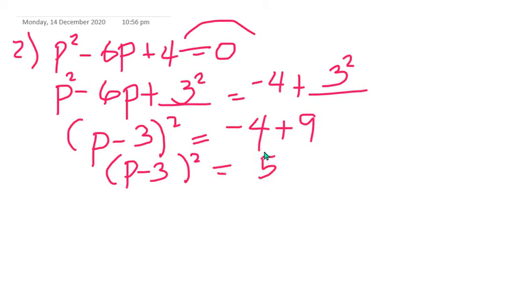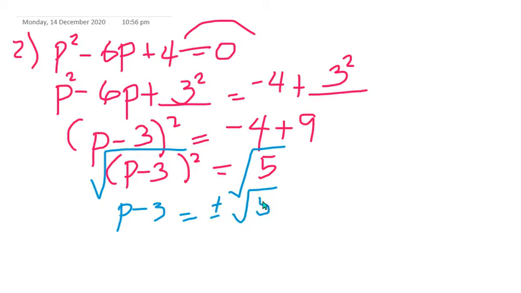Then we get the square root, so we have p minus 3 is equal to positive and negative square root of 5.